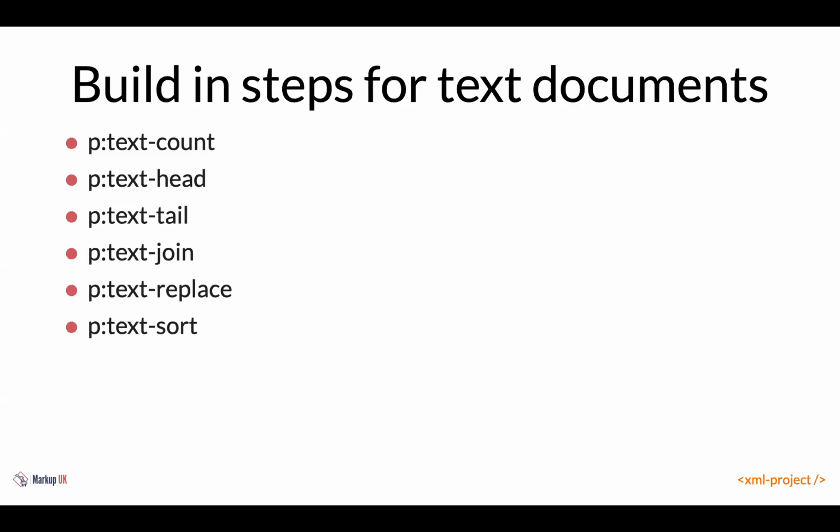And you can give a header which goes before the first joined text. You can give a separator string which goes between the texts which are joined, and you can give a footer which will end the text. Then we have text-replace, which is a nice wrapper around the XPath function replace, where you give a regex expression and a replace expression.